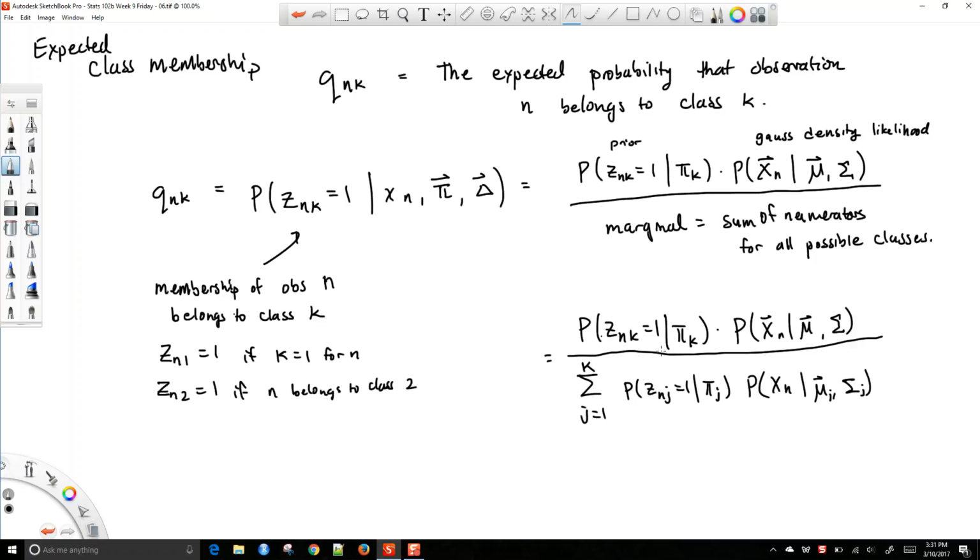Okay. This part is the prior part, which is going to just be my pi sub k for that class, okay?